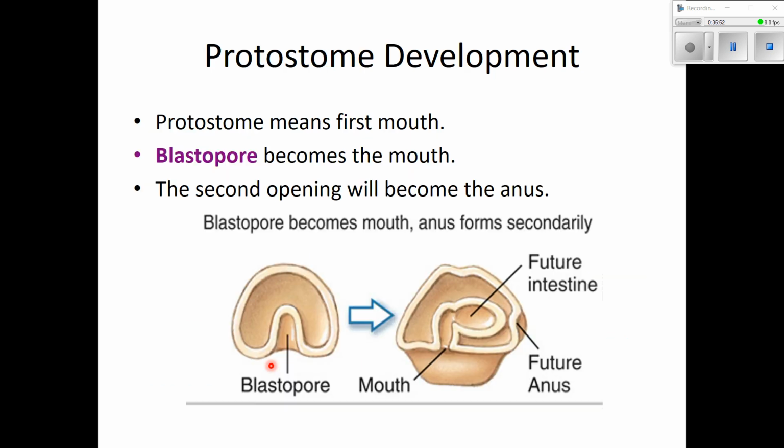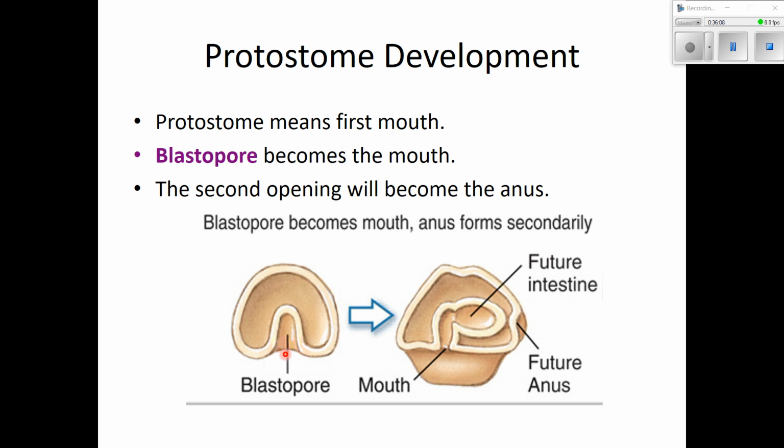So what does this mean? Okay, so there is a difference in how the mesoderm forms in protostomes and deuterostomes, but the easiest difference to understand is the fate of the blastopore.